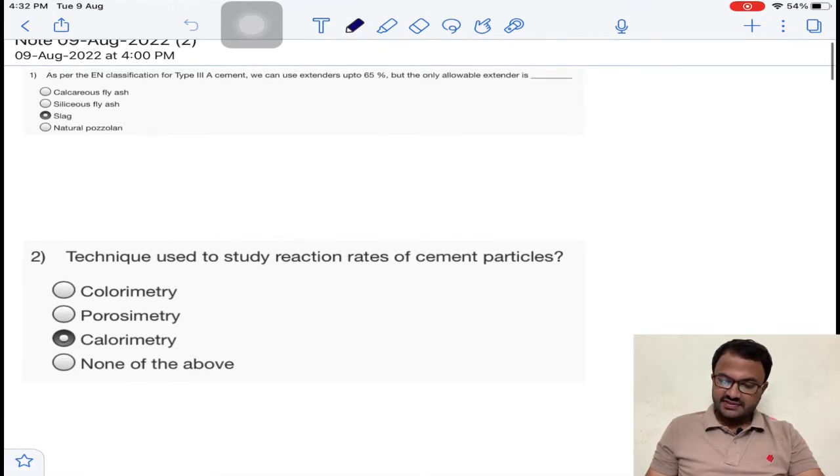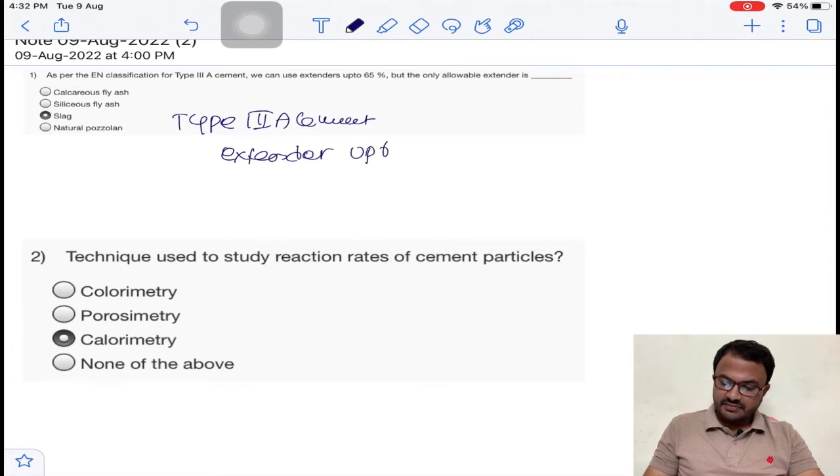The first question, as per the EN classification for type 3A cement. We can use extenders up to 65%.